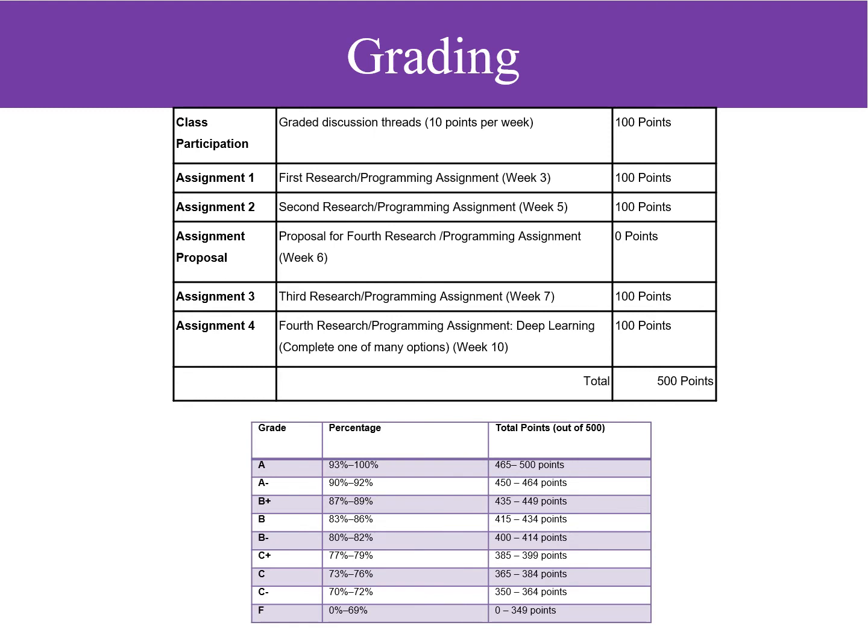The discussion board affords you 100 points, and each of the 3 mid-term assignments gets 100 points, so 400 points, and the final assignment gives you the opportunity for another 100 points, so a total of 500 points determines your final grade. The letter grades are the same as usual: 93 to 100 is A, 90 to 92 is A minus, 87 to 89 is B plus, 83 to 86 is B, and so on, which is given in the bottom portion of the slide.